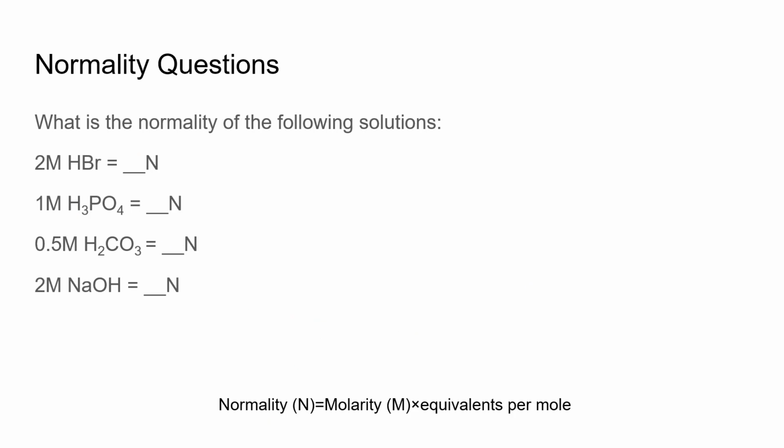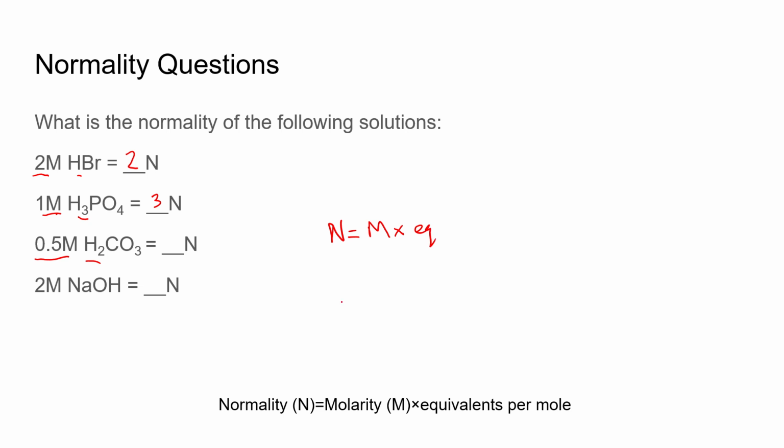So what is the normality of the following solutions? Well, if we have 2 molar and there's only 1 hydrogen, it would be 2 normality. If we have 1 molar and there's 3 hydrogens, it would be 3 normality. If we now have 0.5 molar and there's 2 hydrogens, we can go ahead and put this one into the equation. So normality equals the molarity times equivalence.